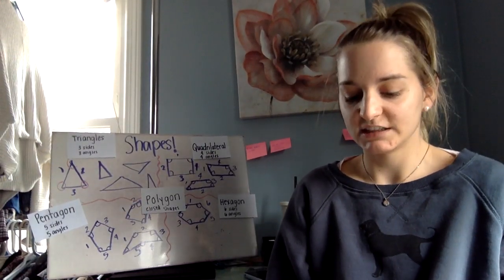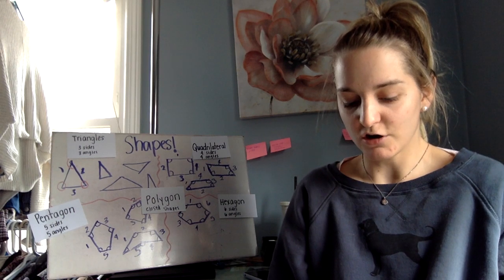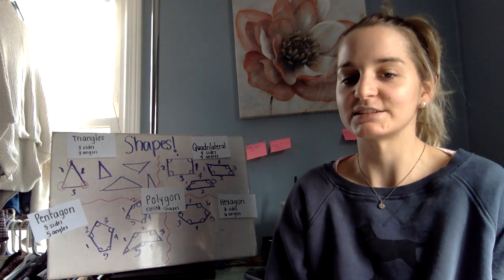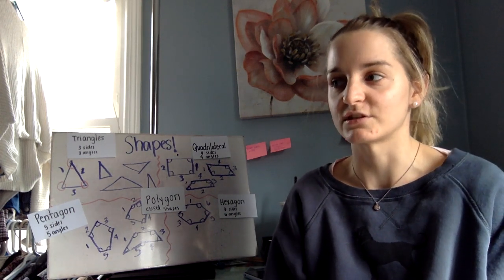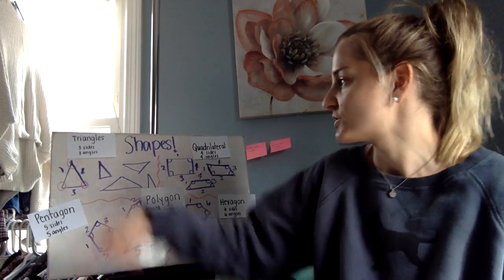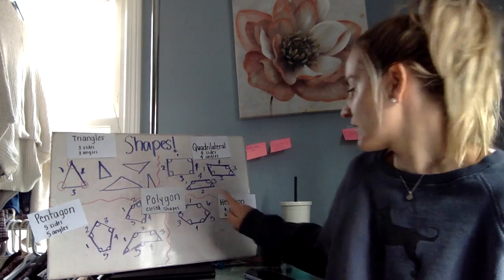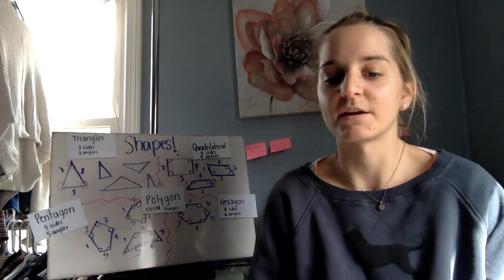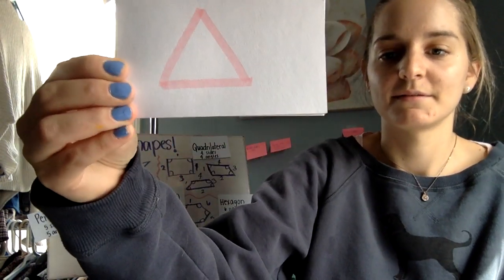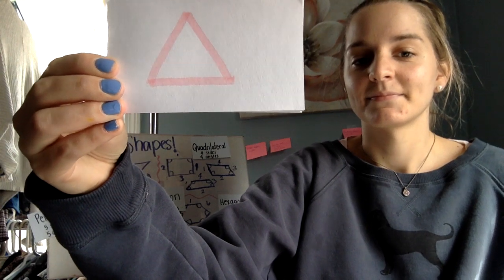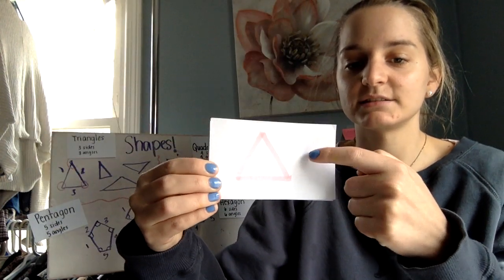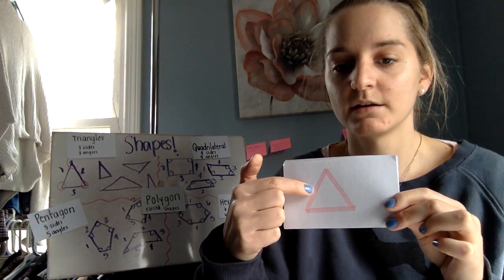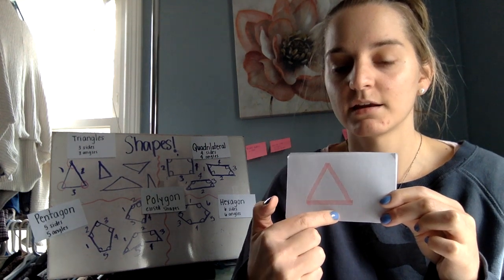So I have some cards here. I'm going to start off super easy, okay? I'm going to show you the card. I want you to think to yourself, what shape is it? Is it a triangle, quadrilateral, pentagon, or hexagon? And answer, okay? Here's your first shape. First, you count your sides. 1, 2, 3.